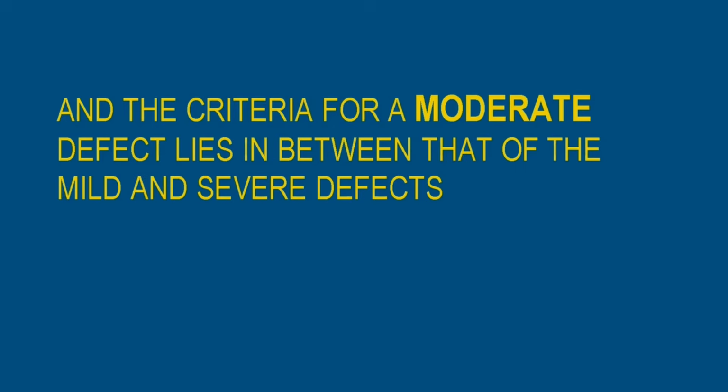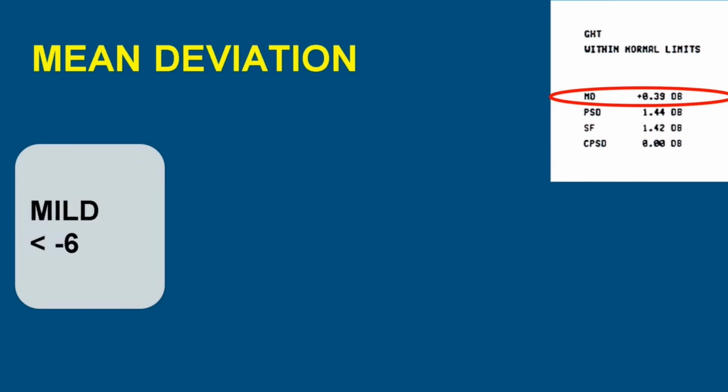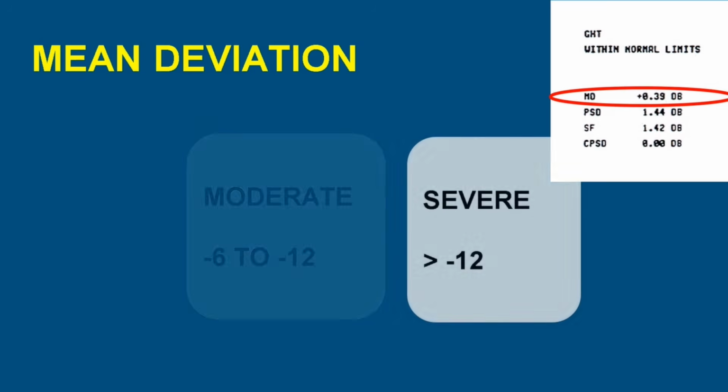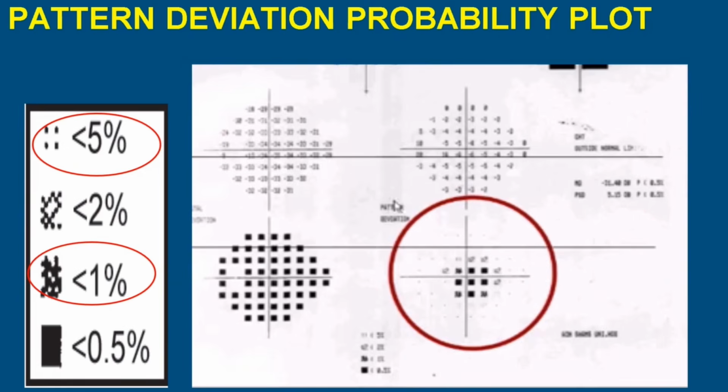So what do I mean? It means that if we consider mean deviation in the criteria of classification, mild glaucoma means less than -6, -6 to -12 is moderate, and more than -12 is severe. For the second criteria, we need to look at the points with p-value of 1% and p-value of 5%.